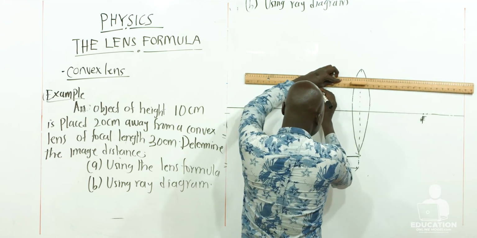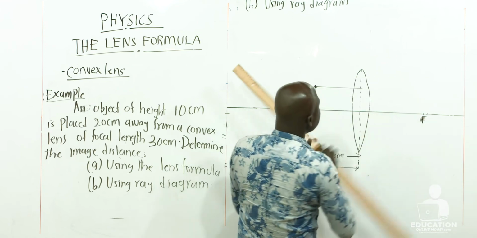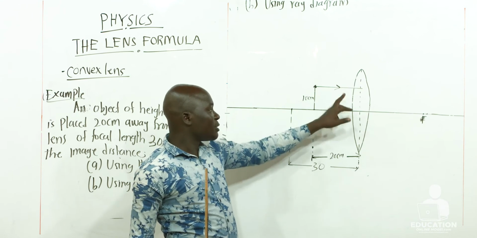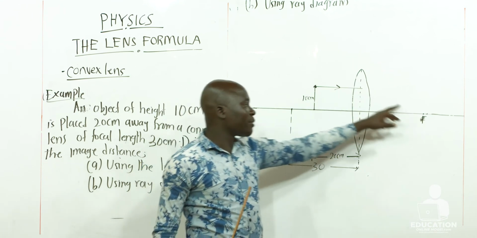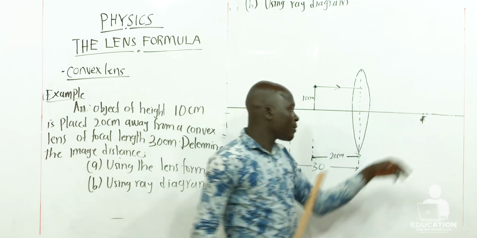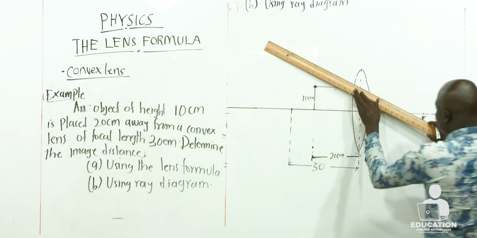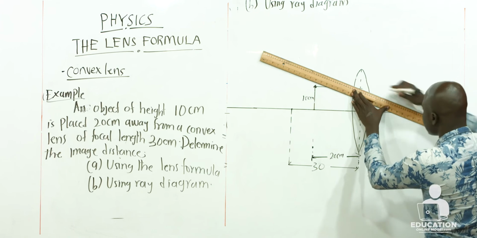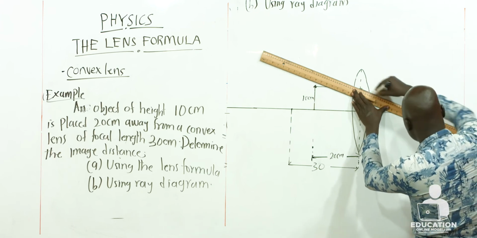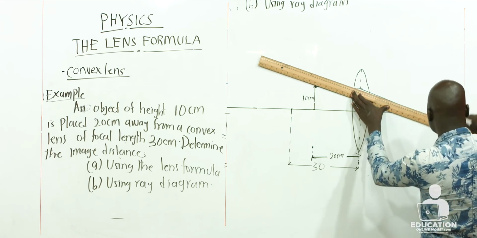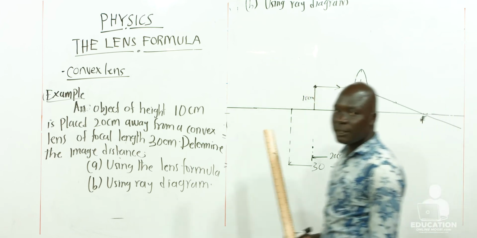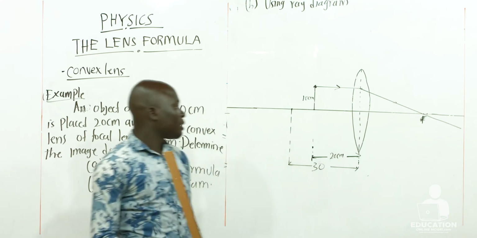This is a ray which is parallel to the principal axis. So this ray will be refracted through the principal focus after it has passed through the lens. So this ray passes through the principal focus after refraction from the lens.